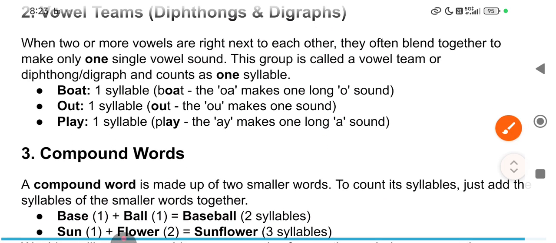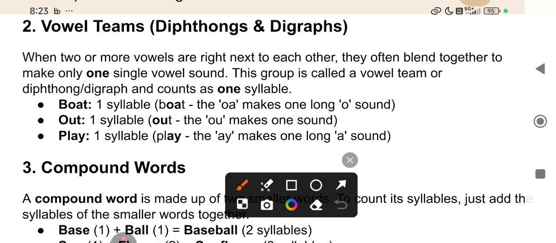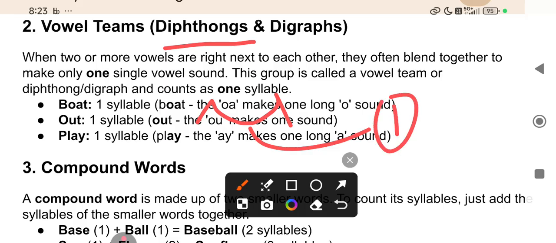Okay. Now moving to the next: vowel team. Vowel team means diphthong or digraph. So what are digraphs? We'll see. Diphthongs, we know, are two monophthongs together, also called gliding sounds. Why? Because it glides from one sound to another, but creates one sound only, right?